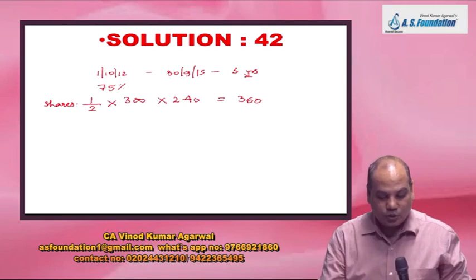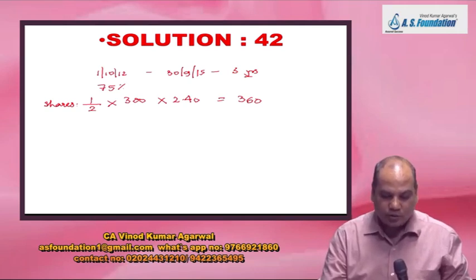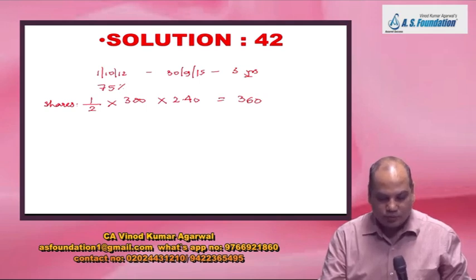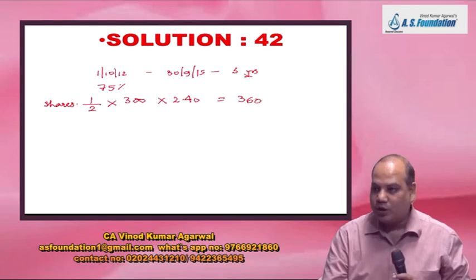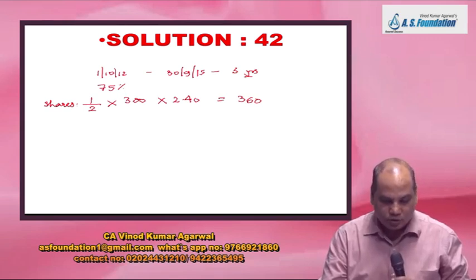1.2 million due diligence cost included in the carrying amount of investment in Beta in Alpha's own statement of financial position, right? Wrong. So 1.2 million we will charge to retained earning. Retained earning will reduce by 1.2 million.